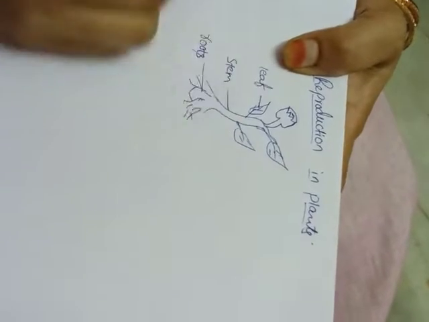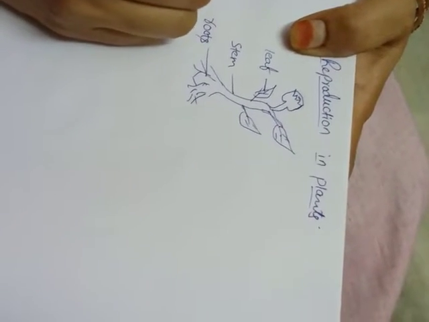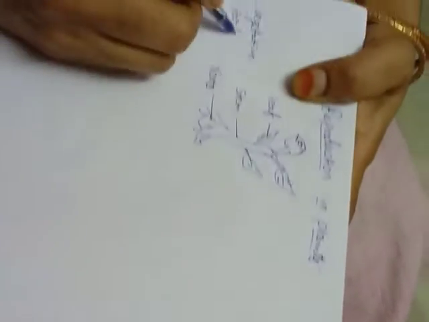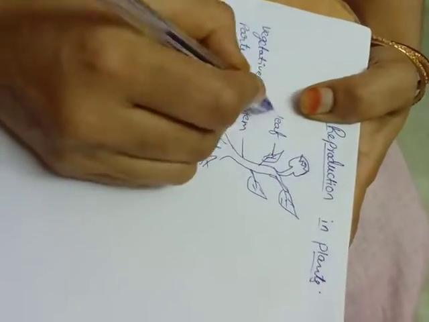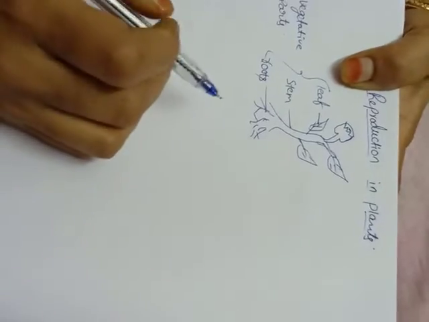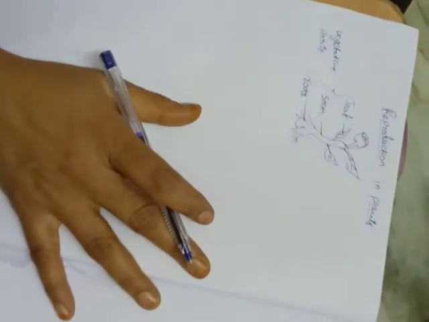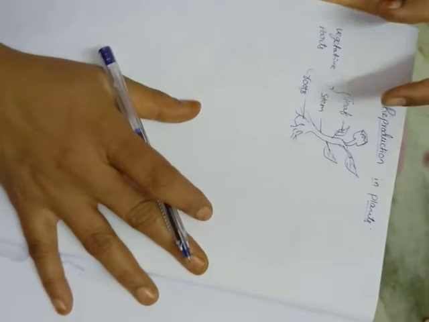Roots, stem and leaf are the vegetative parts of the plant. These are involved in vegetative reproduction. For example, with a rose plant or hibiscus plant, you cut any part of the plant and put it in soil, and it will grow into a new plant. These are the vegetative reproductive parts.